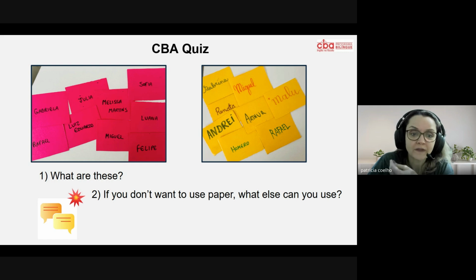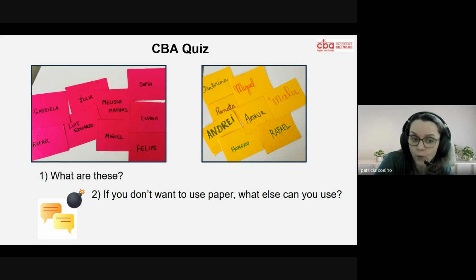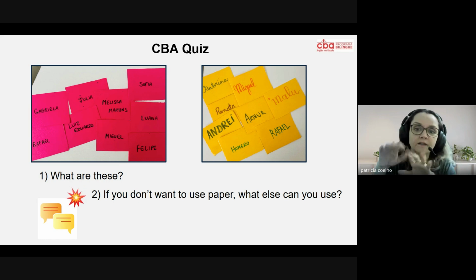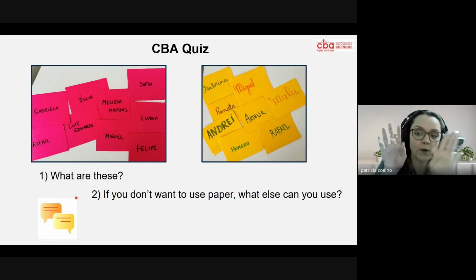Question number 2. These are cards, but if you don't want to use paper, what else can you use? Instead of paper, if you don't have paper, what's the other material you can use? Type your answers and wait.